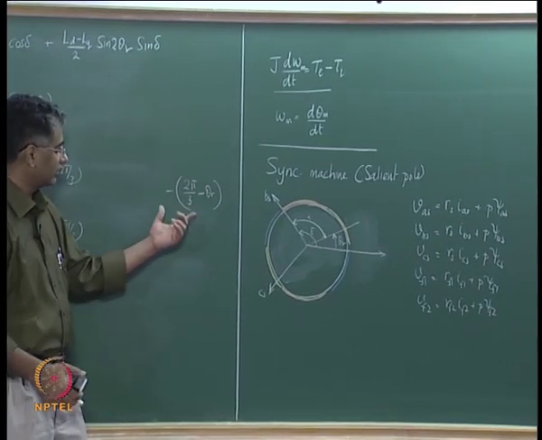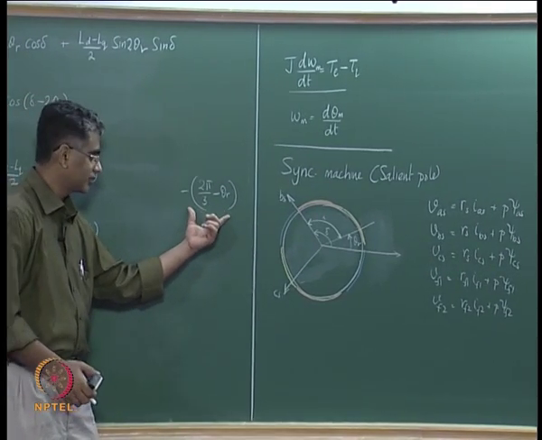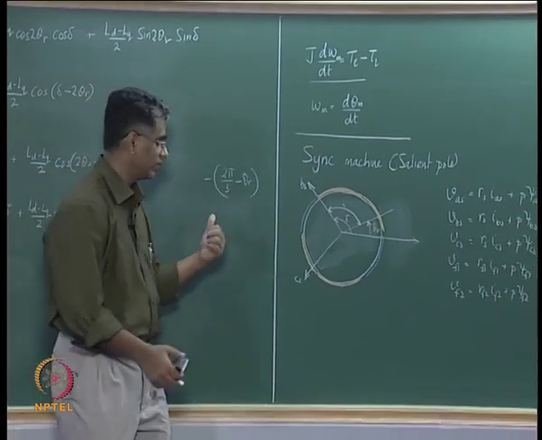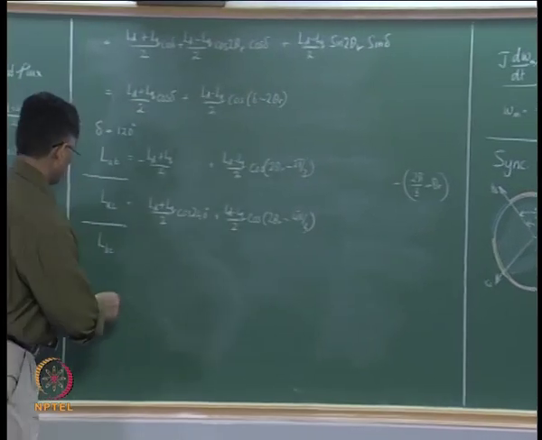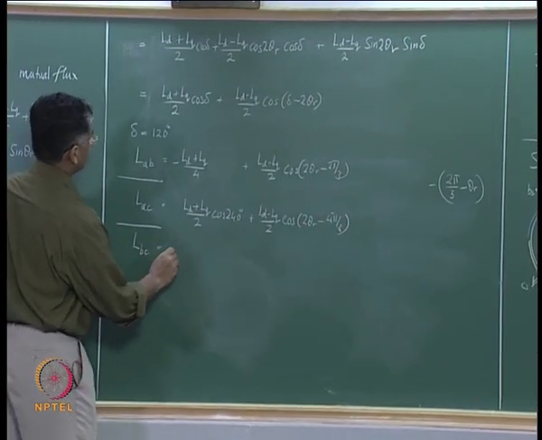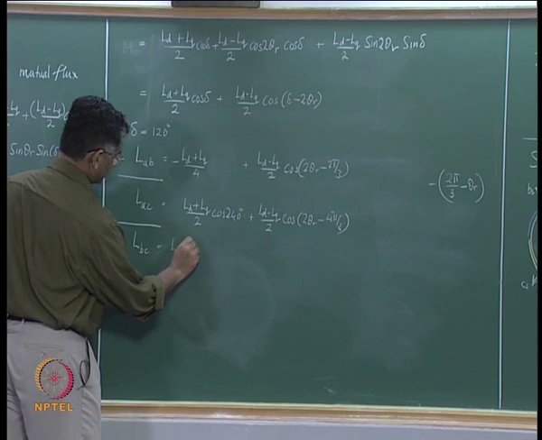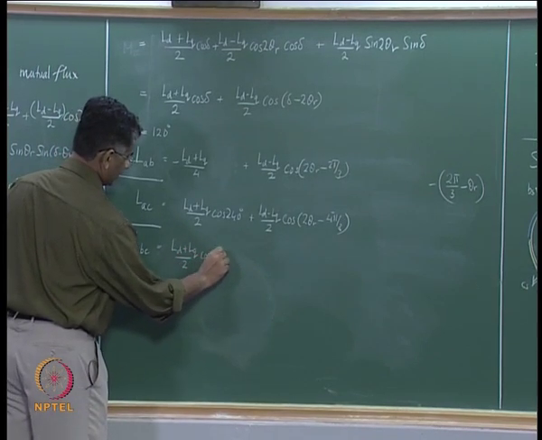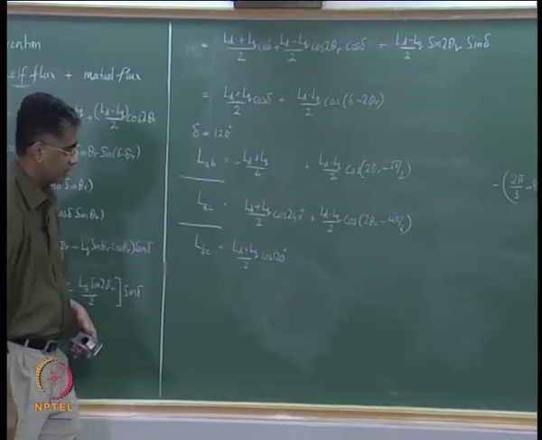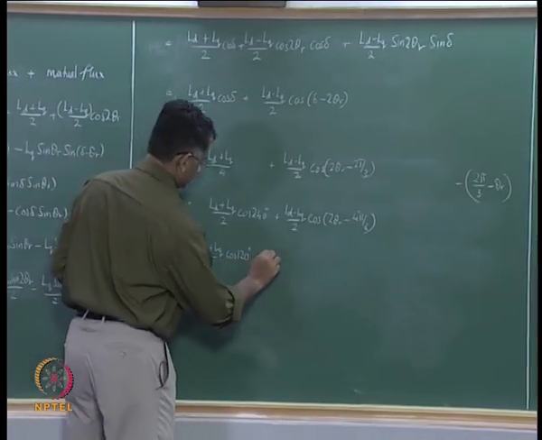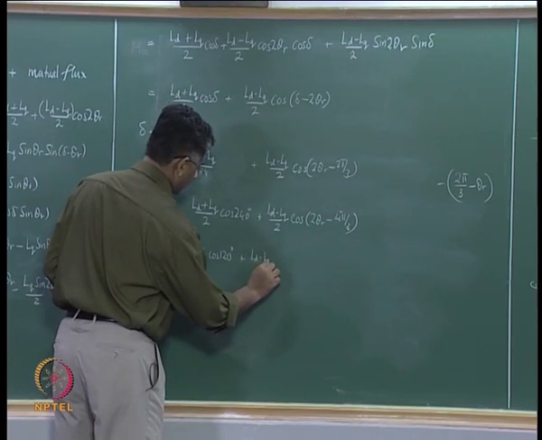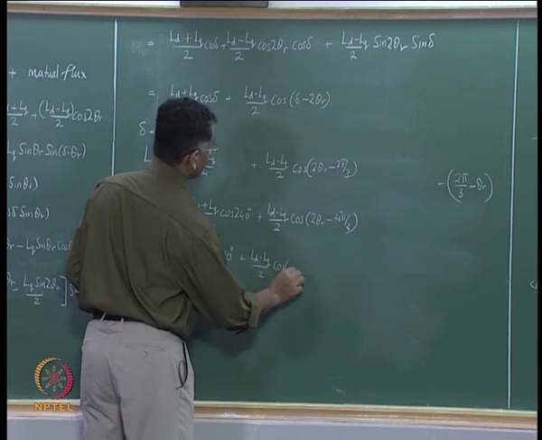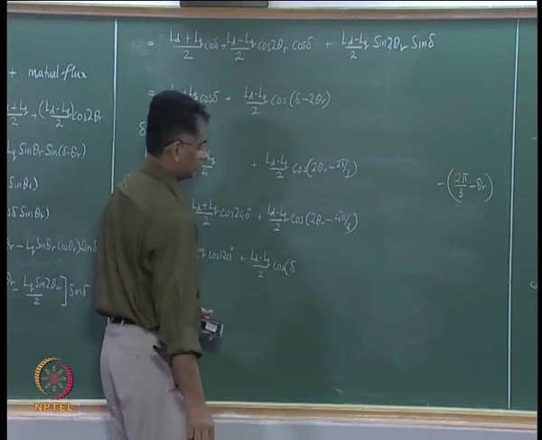So if we substitute instead of theta r this expression, we should get the expression for mutual inductance between the B and C phases, and therefore this can be written as LD plus LQ by 2 into cos of 120 degrees, delta is still 120 degrees, plus LD minus LQ by 2 into cos of delta.